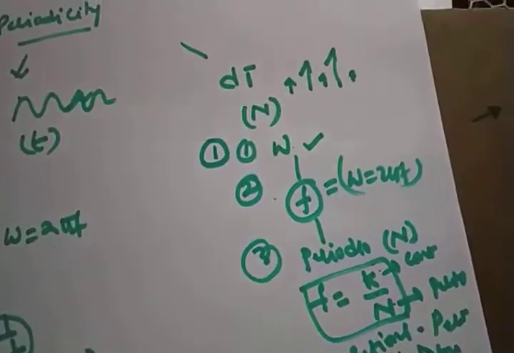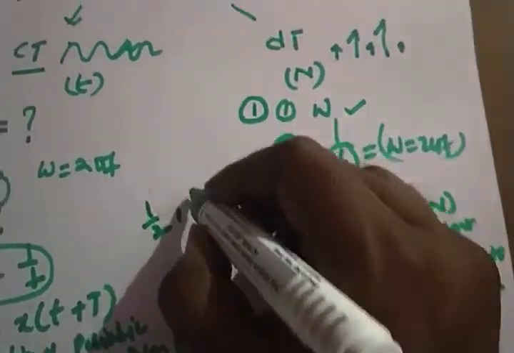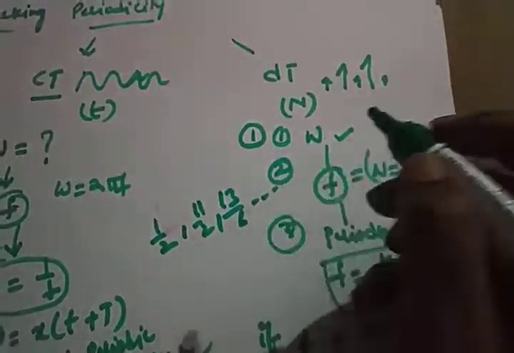Right? So what is meant by rational and irrational numbers? Rational means, for example, 1 by 2, 11 by 2, 13 by 6. So these are rational numbers.